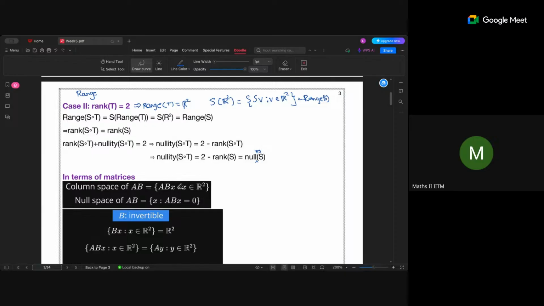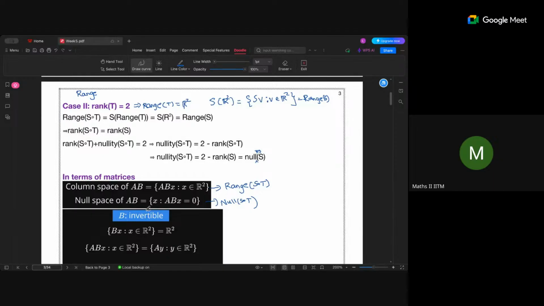It is the set of all ABX such that X is in R2. So this is the same as range of S composition T, and this is the same as null space of S composition T, the null space of AB, right?